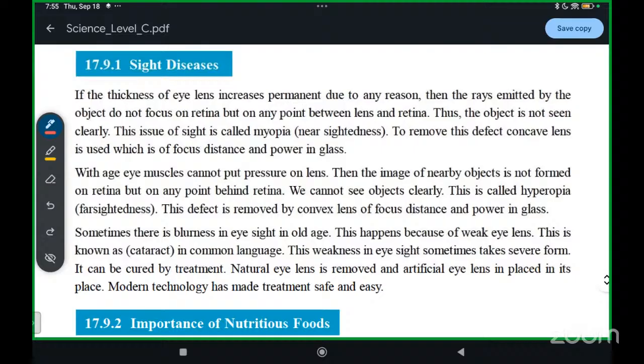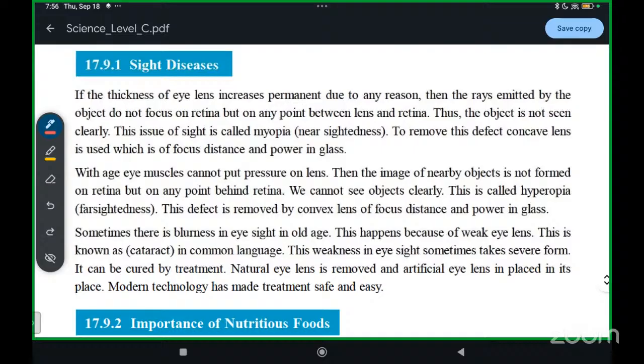Thus, the object is not seen clearly. This issue of sight is called myopia, or nearsightedness. To remove this defect, a concave lens is used. Okay, we use a concave lens.